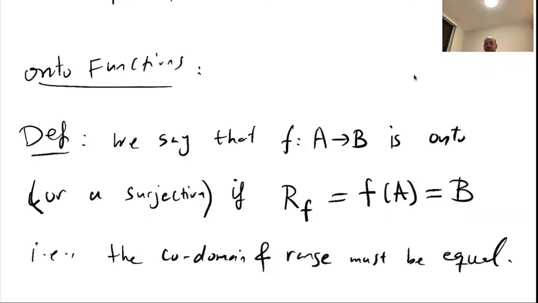Remember that we said, in general, the codomain might be bigger than the range, or might be equal to the range. Now, if they're equal to each other, then we call the function onto or surjective.